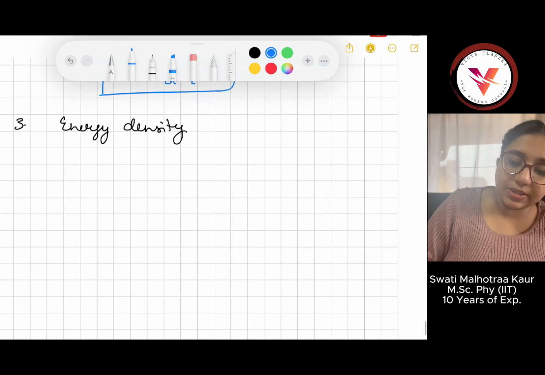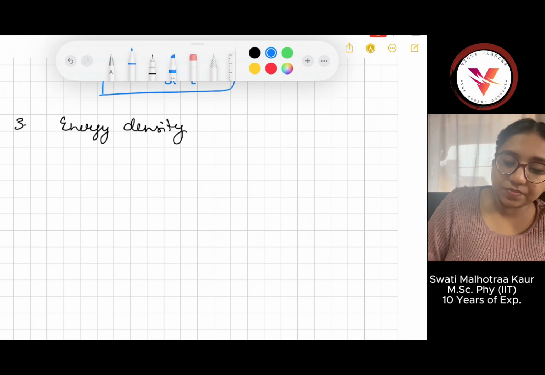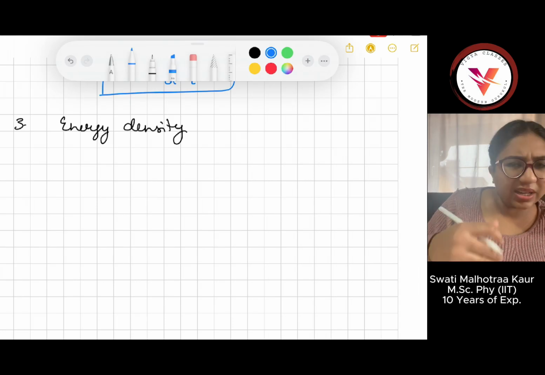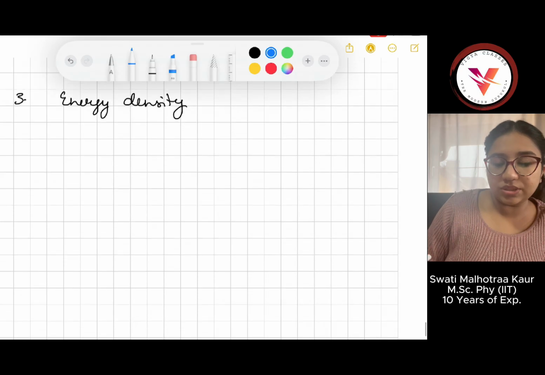So for the energy density, first consider again a parallel plate capacitor. I'm just skipping that part.